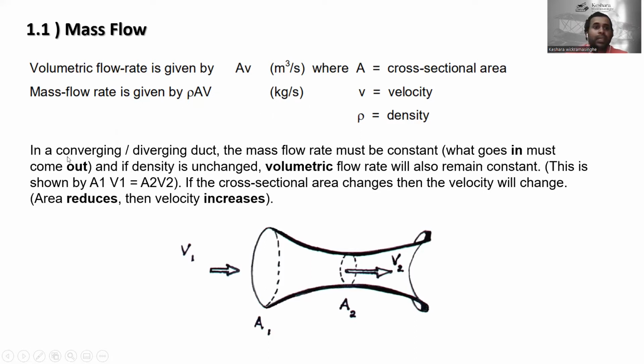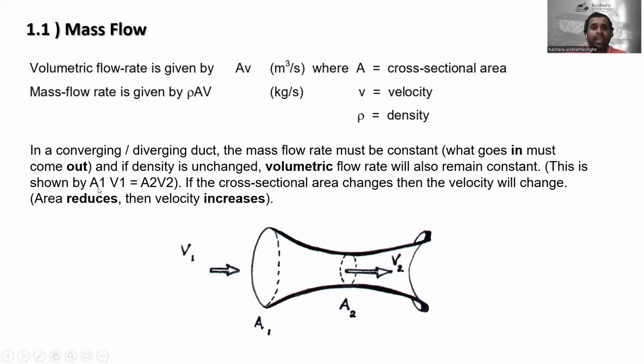In a converging-diverging duct, the mass flow rate must be constant. Remember, what goes in must come out. If density is unchanged, the volumetric flow rate will also remain constant.